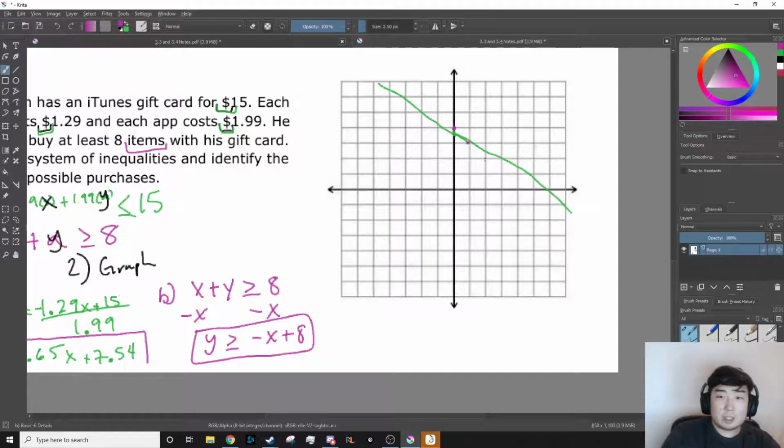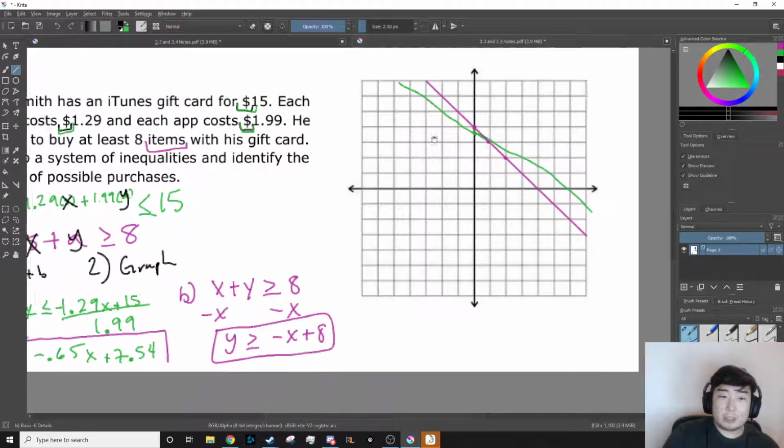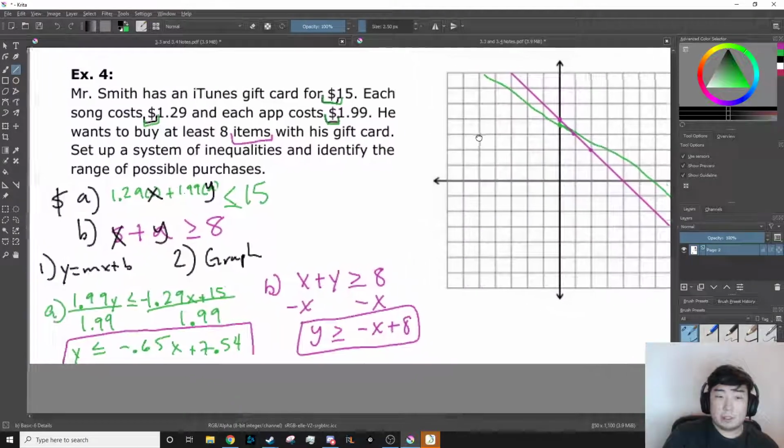Like this. And this is also a solid line because it has an equal to right here. Whoops, I clicked on the wrong one. There we go. And we're just going to assume that these are all straight, perfectly fine.